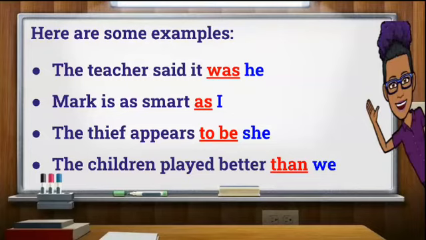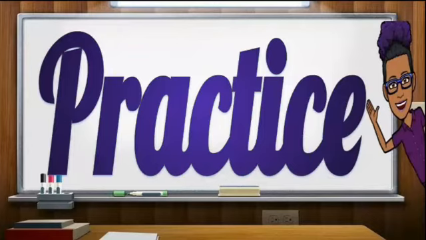So it's going to be Mark is as smart as I am. The thief appears to be she, and the children played better than we did. So that's just a helpful tip on what you can do to know whether or not you have to use those subject pronouns to complete your sentences.